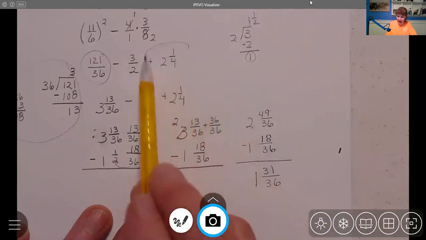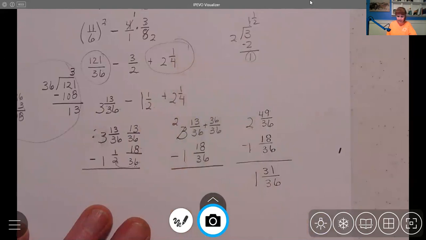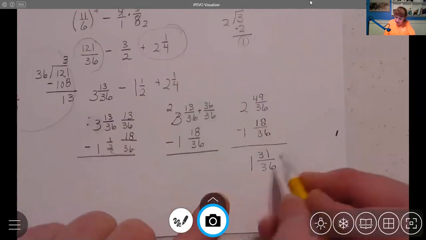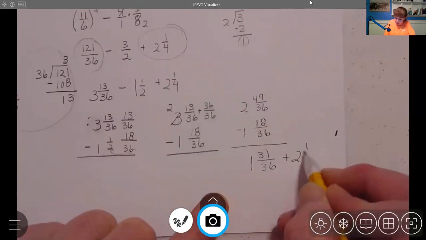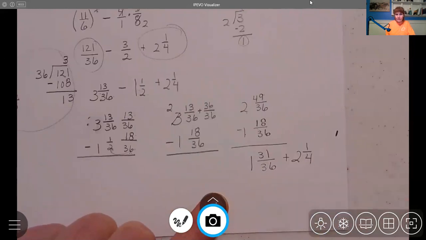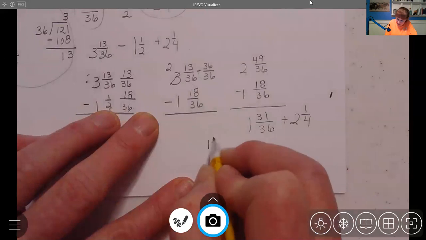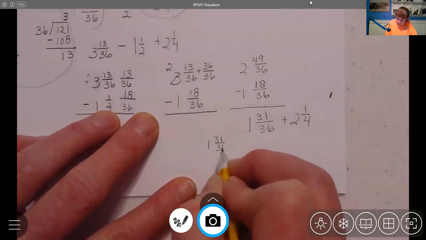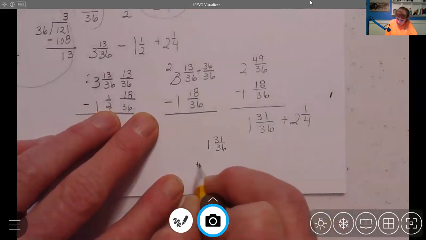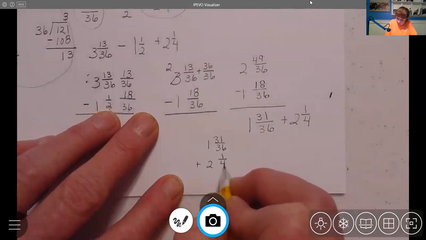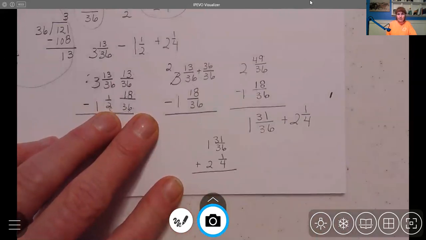Now we can add 2 1/4. So now we're going to add 2 1/4. When I do that, I have 1 31/36 plus 2 1/4 is where we're at.